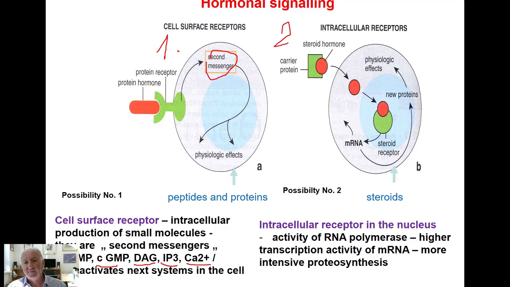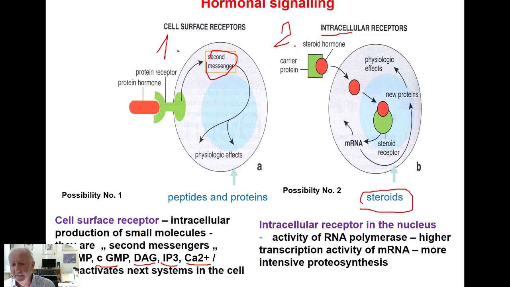The second possibility is not on the surface, but inside the cell. Inside the cell is a receptor for a hormone, for example, in the nucleus. Here we can speak about steroid hormones.